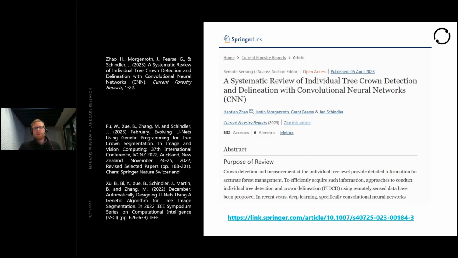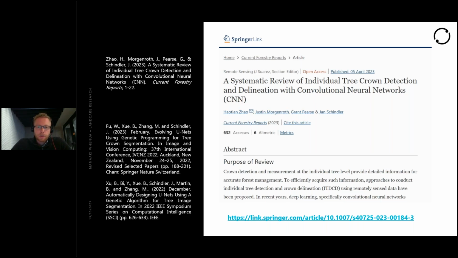So if you want to know more about all the different kinds of AI technologies with regard to individual tree crown segmentation, I would like to refer you to a recent publication from a PhD student, Joe, who's supervised by Justin Morgenroth at the University of Canterbury, Grant Pierce from Scion, and myself.